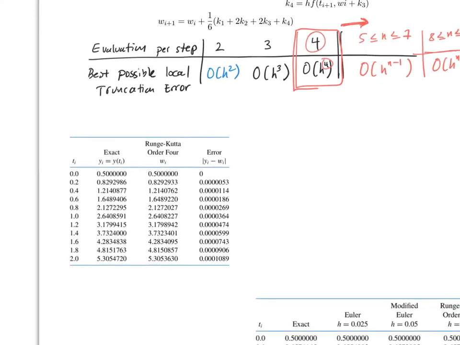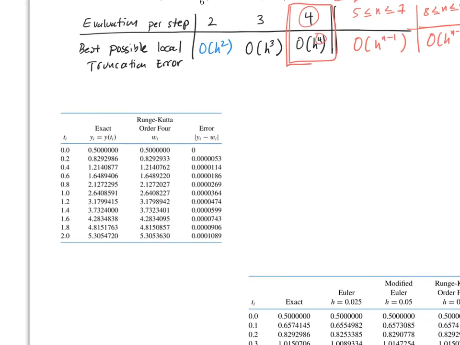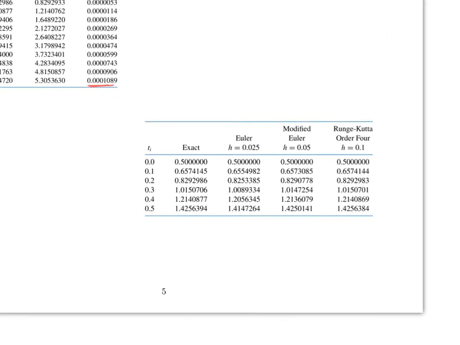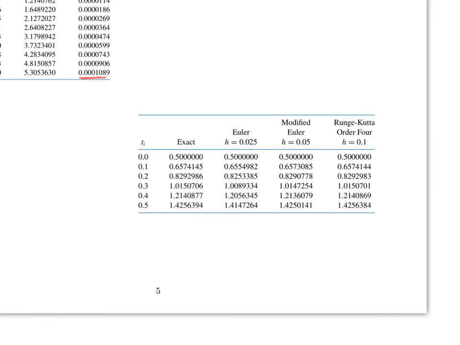This table has the values. You can see that the error is very small. Now, like we said already, the Runge Kutta method of order 4 requires 4 evaluations, the modified Euler's method requires 2, and Euler's method requires only 1.